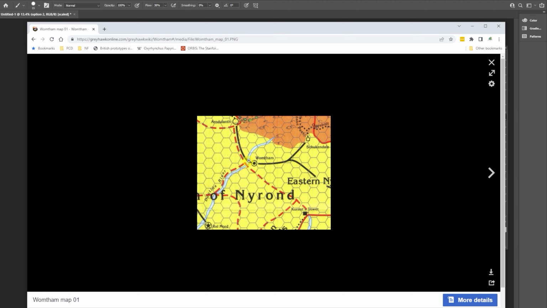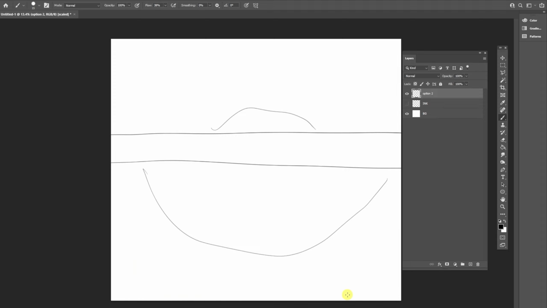So I kind of want to emulate this. It's got the southwest to northeast river flow. It's got our sort of east to west towards northwest of the major river. Womtham proper being on the east side of the river. I want to capture that. I want you to look at my map and feel like the orientation is correct. So if we do this, it doesn't feel correct now.